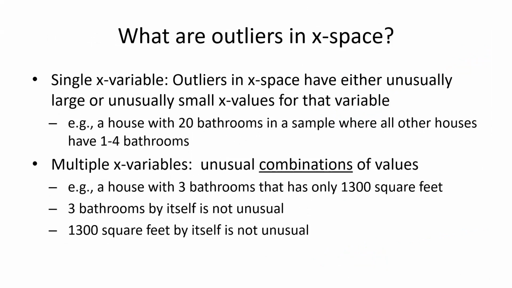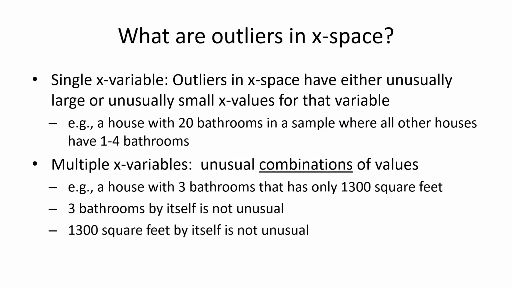So we have looked at high leverage just for one X variable. So what is an outlier in X space when there's more than one X variable? Well, just looking at one, a house with 20 bathrooms in a sample where all other houses have 1 to 4 bathrooms might be unusual, right?